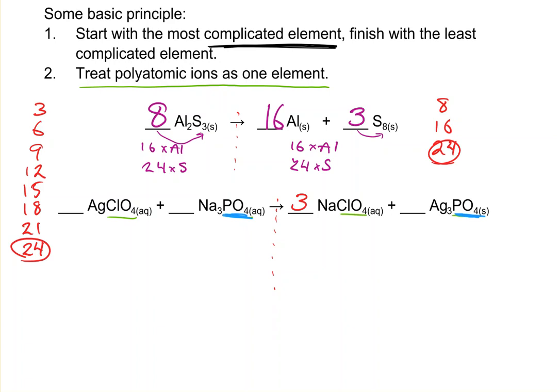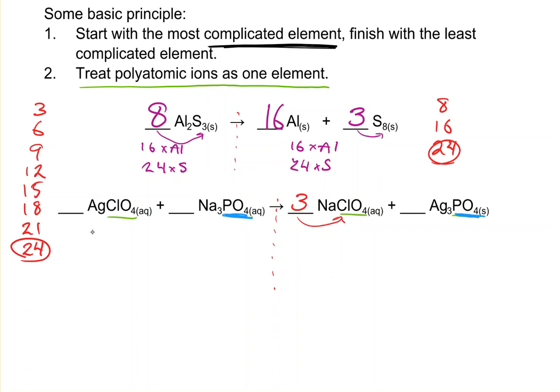You just deal with the ClO4 as one unit. How many perchlorates, how many ClO4s are here? There's not 4. We don't have 4 perchlorates. There's 4 oxygens in 1 perchlorate. So there's 1 perchlorate, but now 3 times 1 means there's 3 perchlorates.